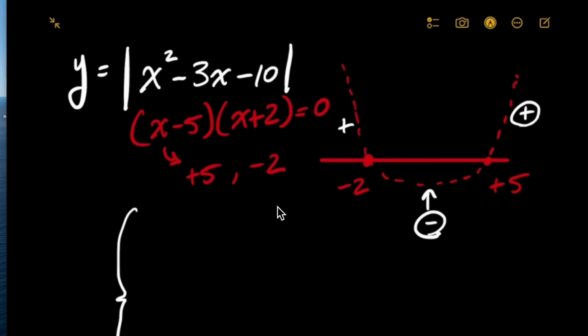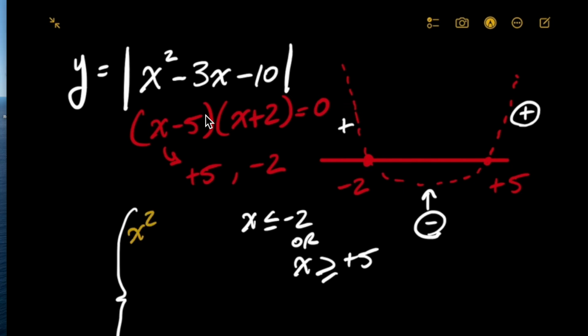Okay, so for x less than or equal to -2 or x greater than or equal to positive 5, our function is going to be positive. Therefore, we're going to rewrite the function exactly as is.